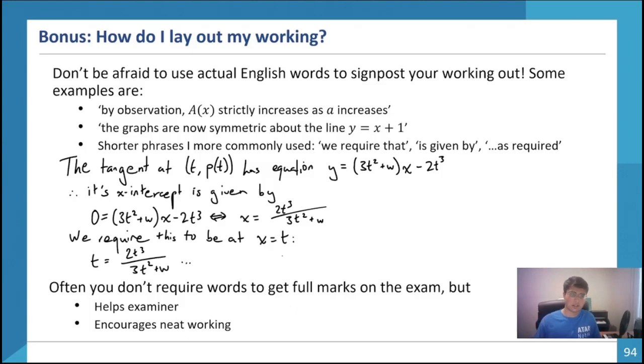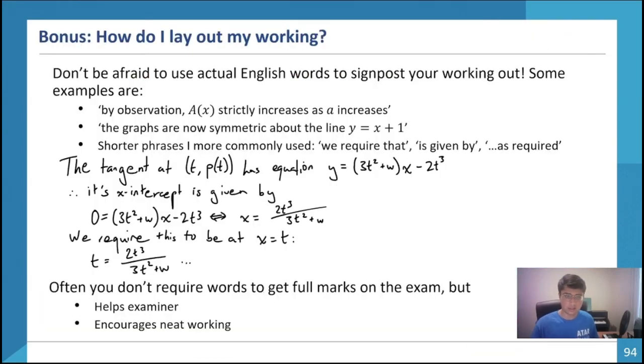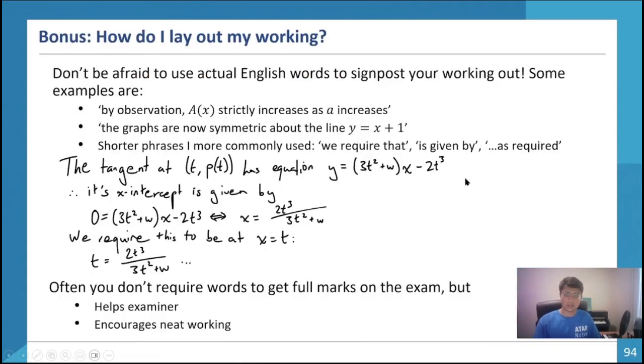Some common phrases I would use were things like by observation, and then I make an observation. A of x strictly increases, A increases. The graphs are now symmetric about the line y equals x plus 1. Some shorter phrases I commonly use were we require that, x is given by y, or as required, as you just saw us use in this previous question.